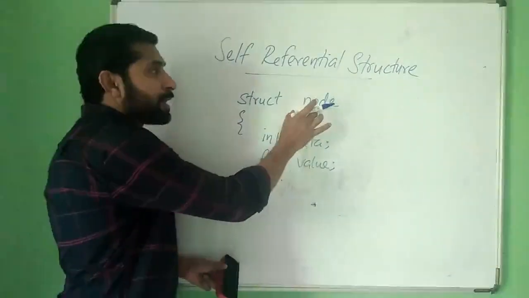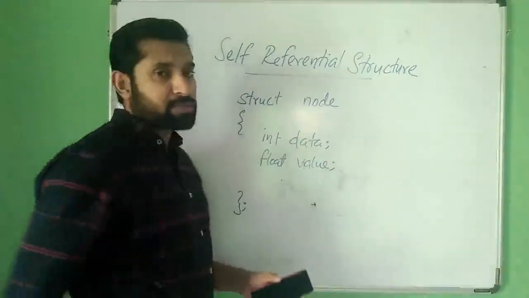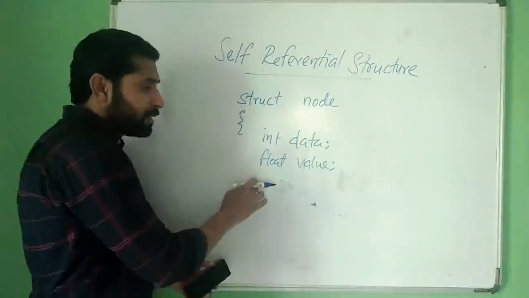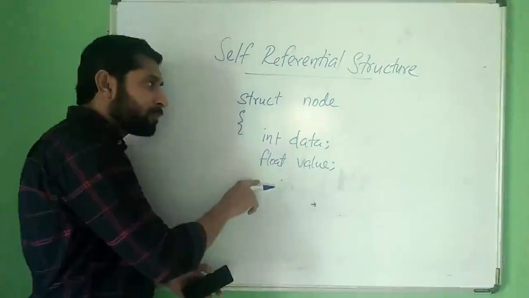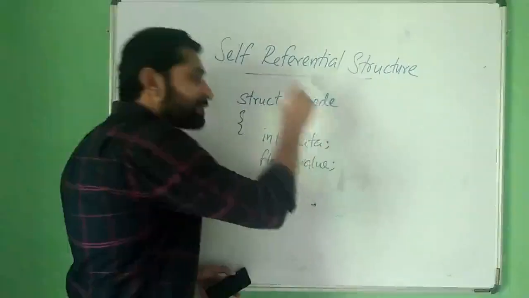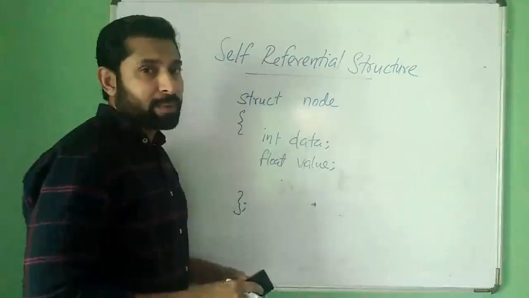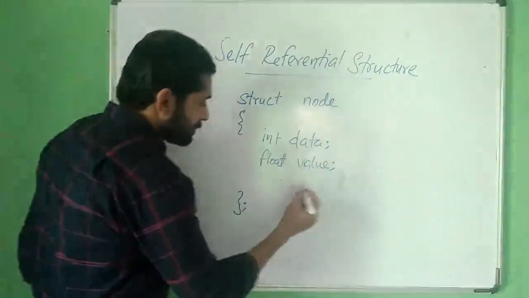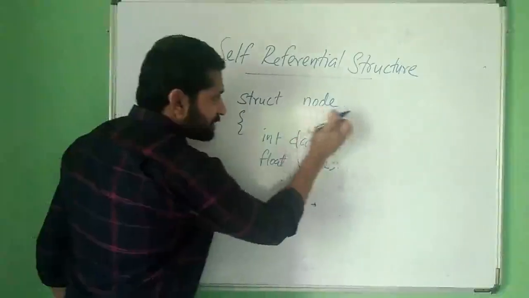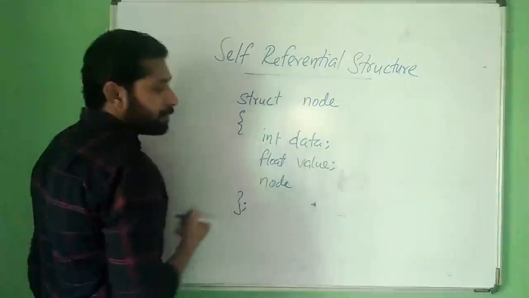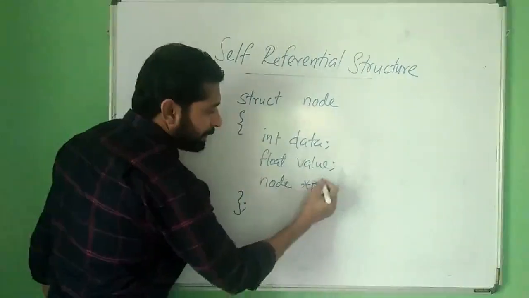Now this structure becomes a self-referential structure if it contains a pointer of this structure as one of its members. See, the structure's name is node, so node star ptr.